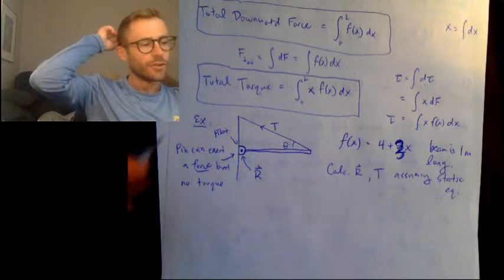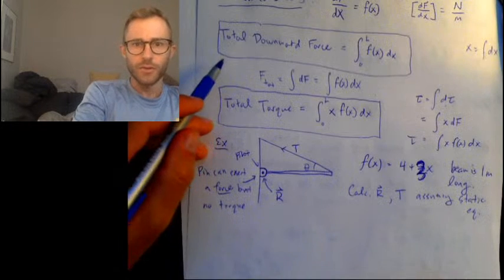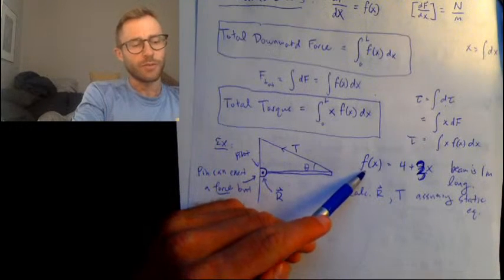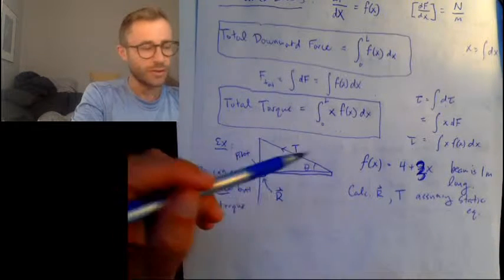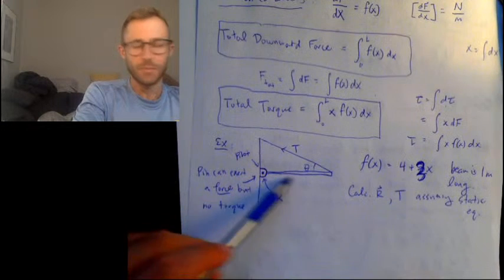So the first thing you want to do is evaluate these integrals. What does it mean to say that the force density is 4 plus 3x? That's a linear function, so it means that there's more downward force as we go away from the pin.